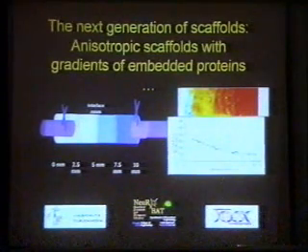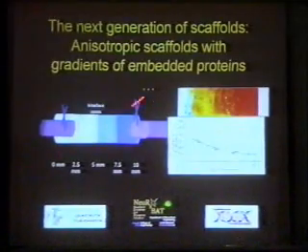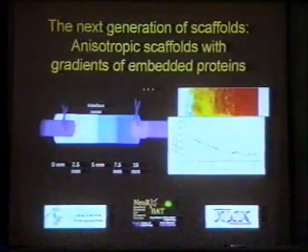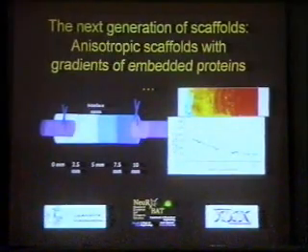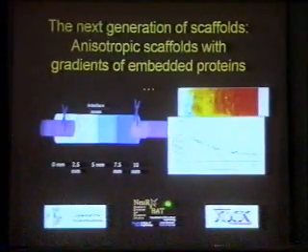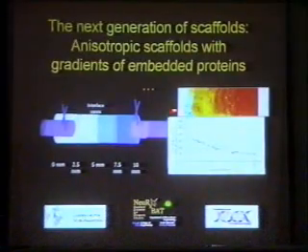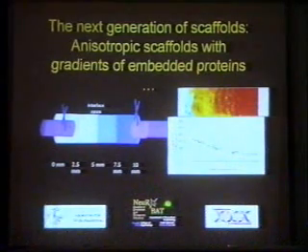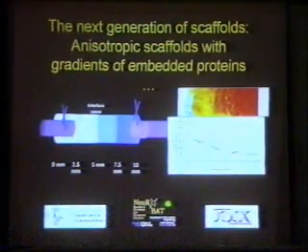If you take laminin and you generate various slopes, just to summarize this paper that's in press right now, it turns out that when you compare a gel where laminin is distributed uniformly versus a gel which has a gradient, even though the highest amount of laminin you have in the gradient is lower than the laminin you have in the uniform gel, you get faster nerve growth and better growth in the gradient systems than compared to uniform systems.